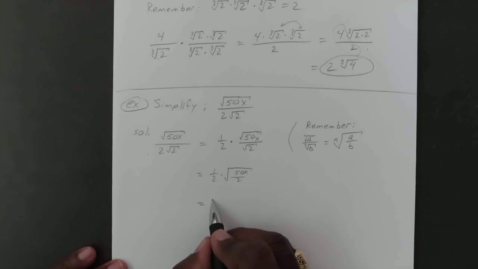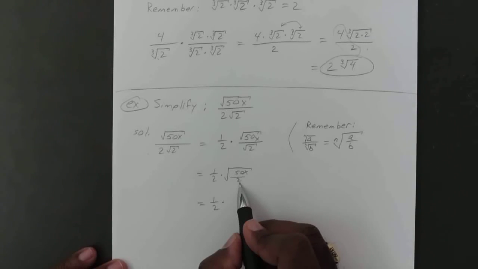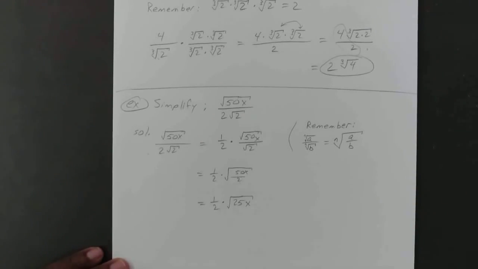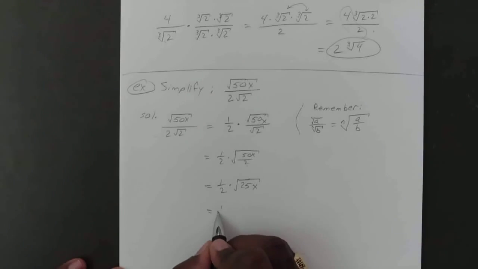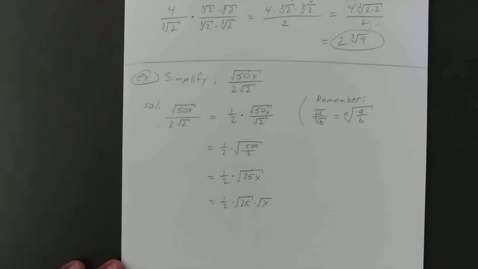Okay, so this ends up being 1/2 times 50 divided by 2 is 25. So square root of 25x. Which we know since they're multiplying, you can just go ahead and separate them. So it's 1/2 times square root of 25 times square root of x.